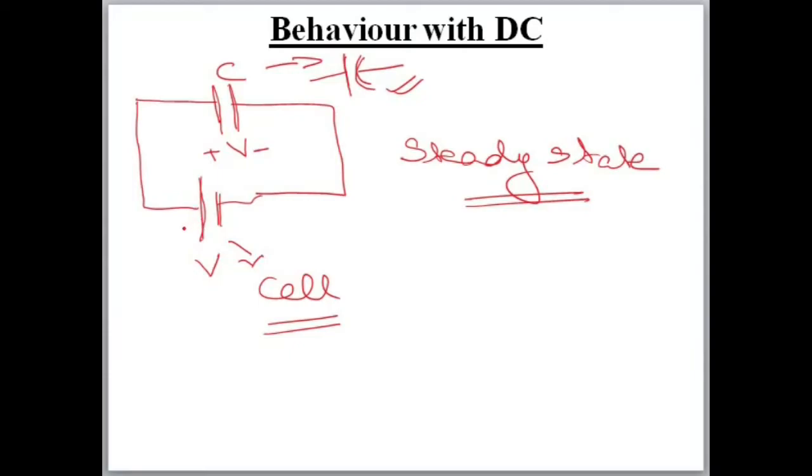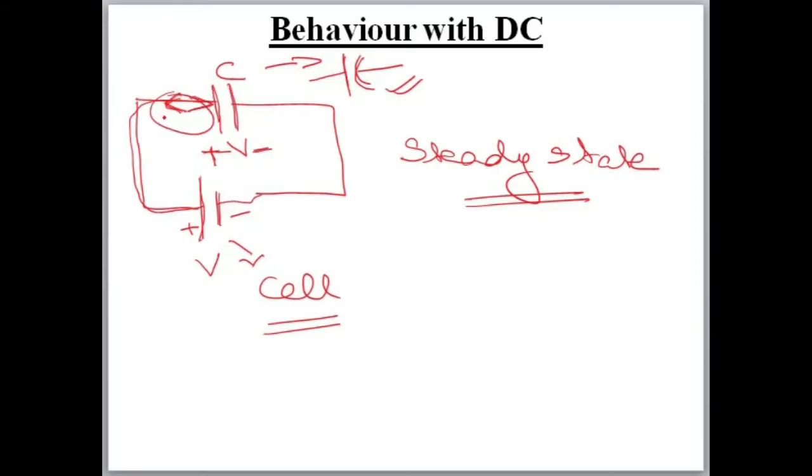In this supply voltage, this is positive, this is negative, so it will try to flow a current in this direction. But the capacitor also develops the voltage V, this side positive, this side negative, so it will try to obstruct this current.